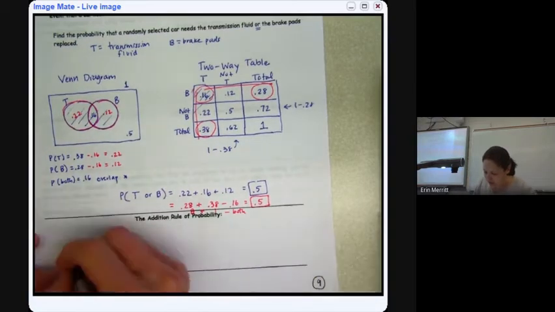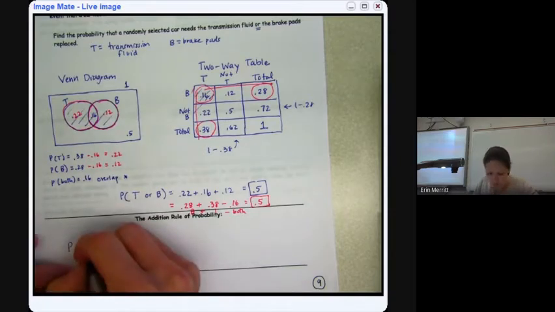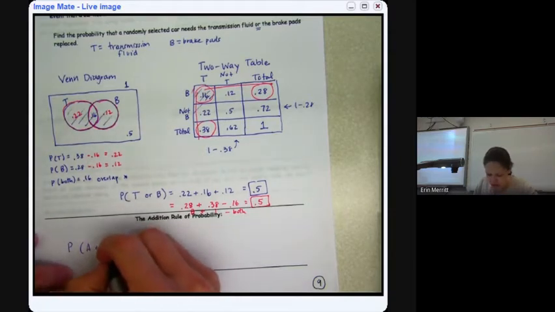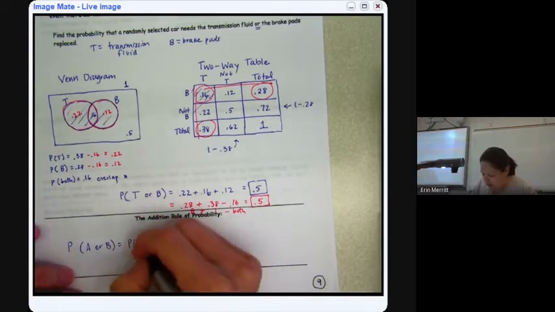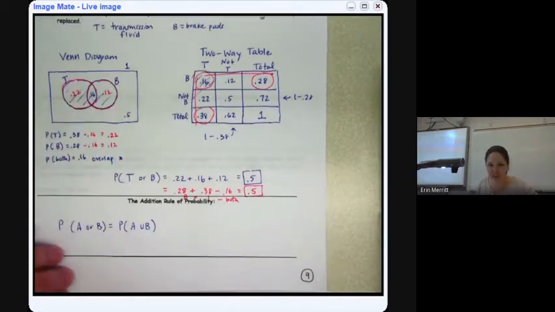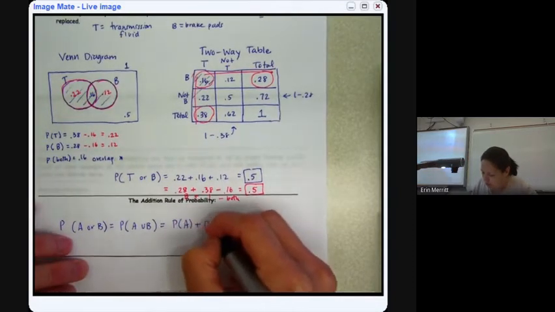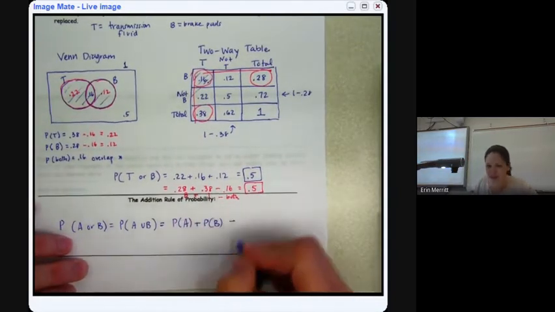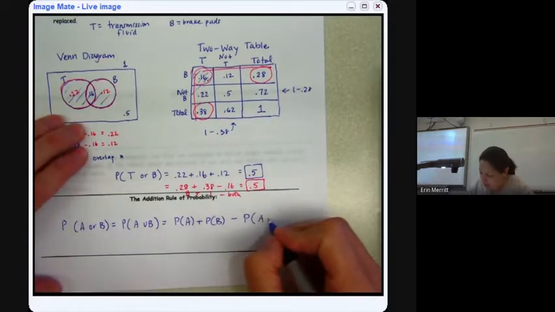If I want the probability of A or B, I'm going to make it a little more generic here. What that's equal to, in notation, is A union B. That's synonymous with or. That's going to be the same as if I add up the probability of A to the probability of B and then subtract the overlap, because that part got counted twice.